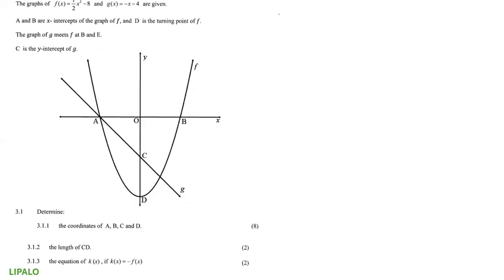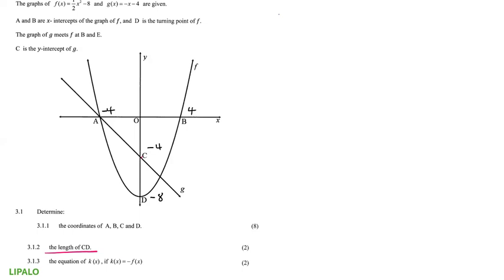Then I get to my second question: the length of CD. Looking at CD, let me put the points that I found. C was -4, this was -8, this was +4, this is -4.